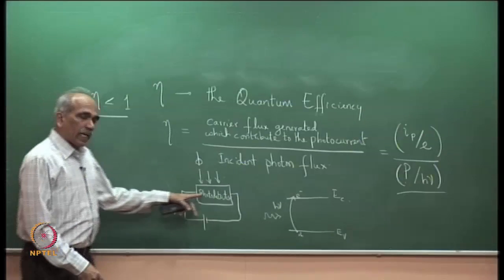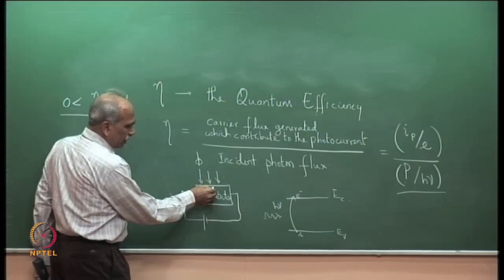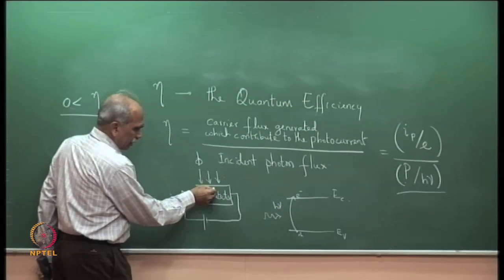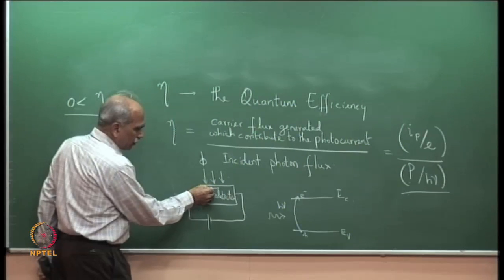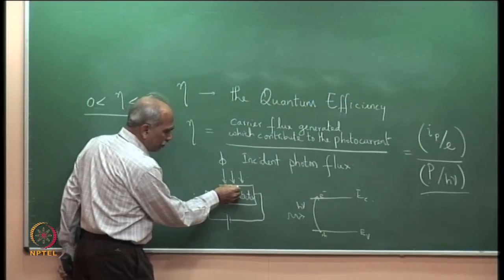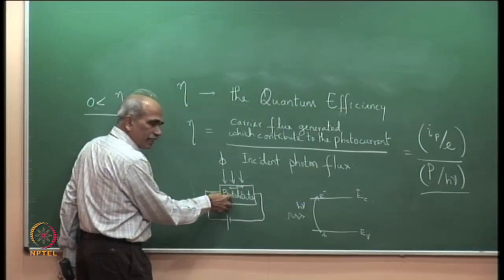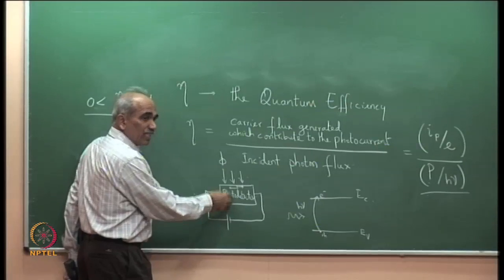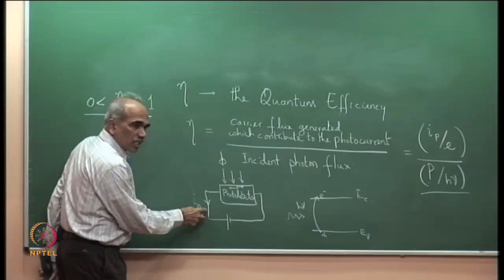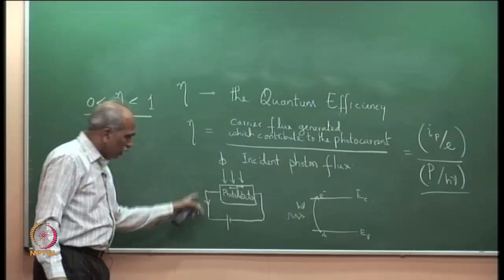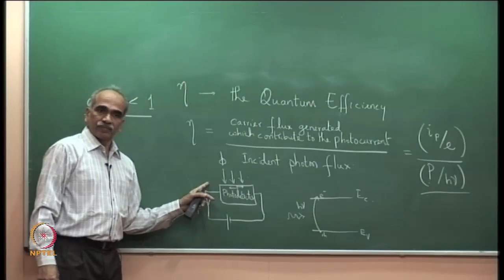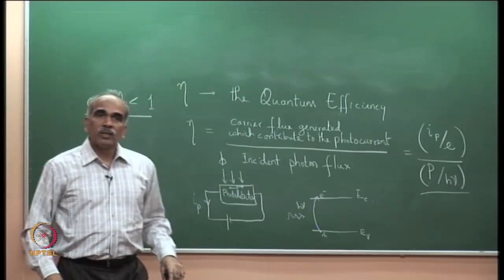You can show that the motion of an electron and hole simultaneously inside the semiconductor is equivalent to one charge e which is moving in the external circuit. This we can show.